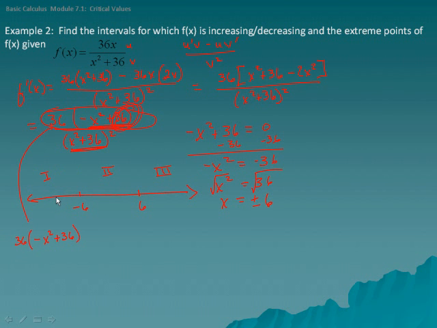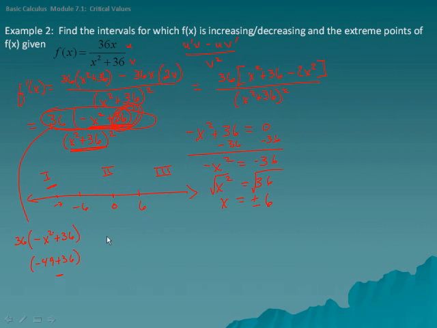Okay, so if we put in a number like negative 7, that would be a good number for us to put in. If we put in negative 7 quantity squared, that would give me 49, and so that would be negative 49 plus 36, and that's going to give me a negative value. So my slope is going to be negative here. Let's say I put in 0, which would be a good number in region number 2.